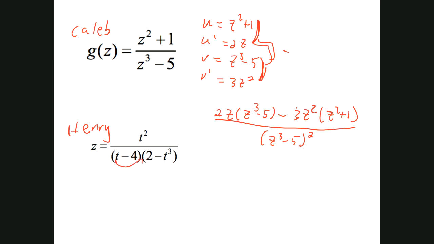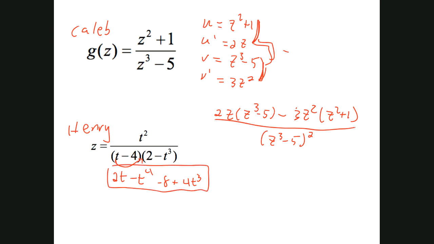I would get 2t minus t to the fourth minus 8, oh, that'd be plus 4t to the third. So this would be my bottom. I think I would have multiplied it out so I wouldn't have to do the chain rule.